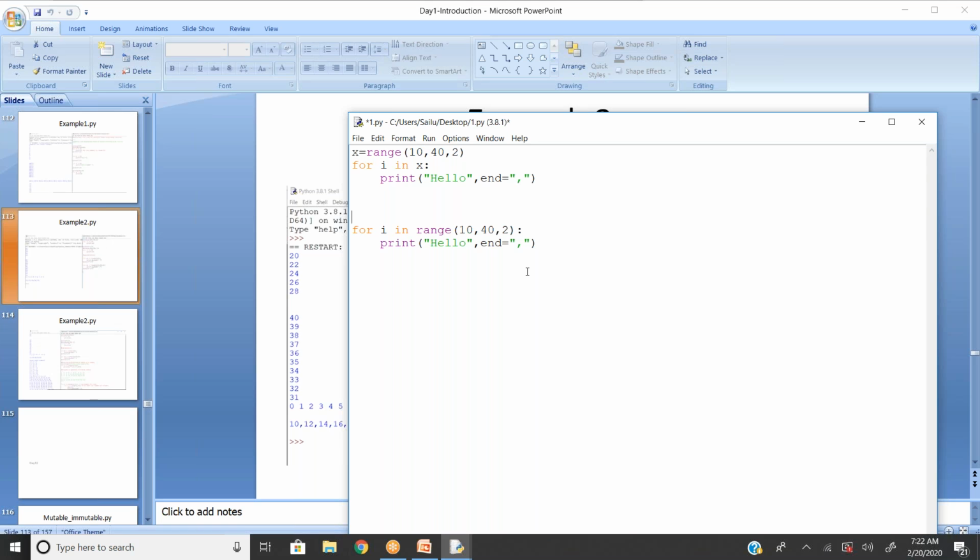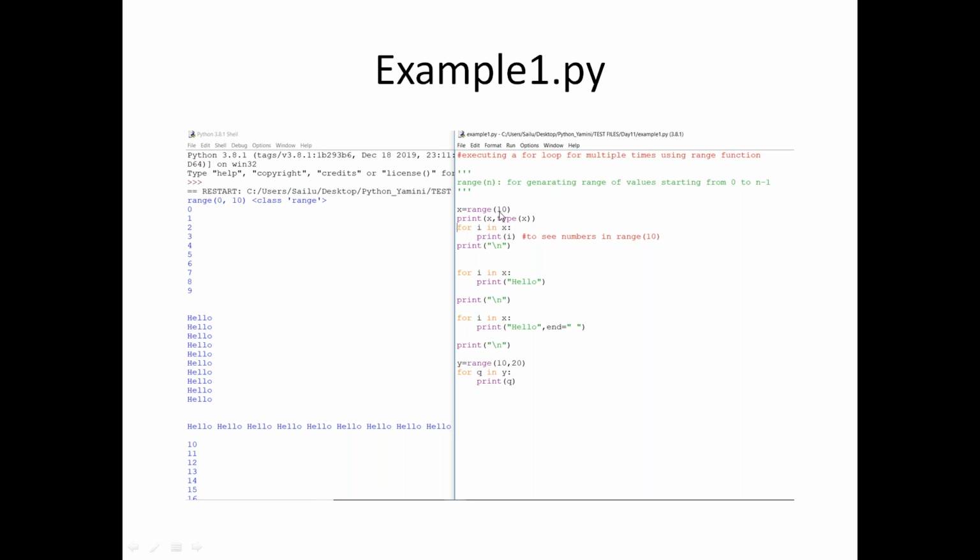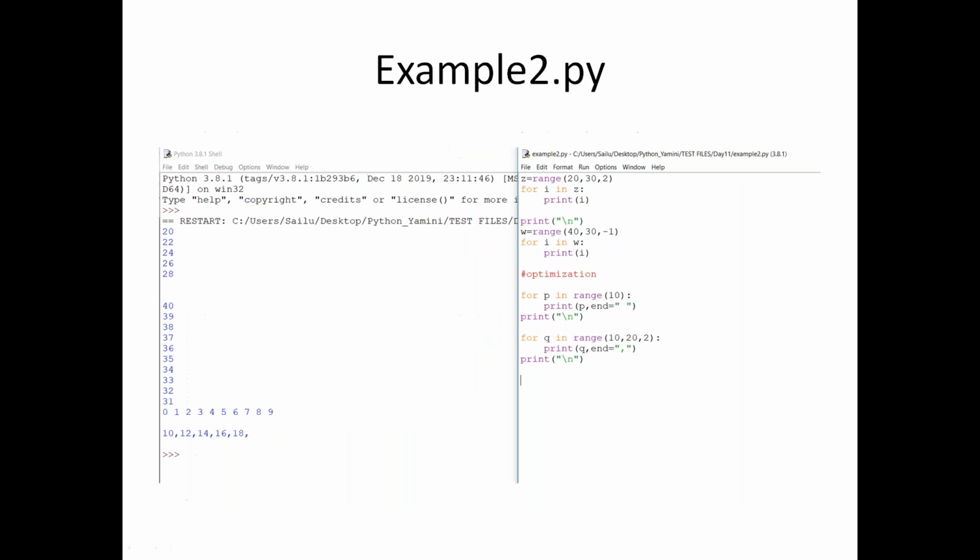So wherever it's possible, try to reduce the code. We'll discuss this in future also, but since we are in control statements, I'm explaining at the control statements level. You can see the same thing here. In the previous step, I assigned the values to one variable, then I referred to it in my for loop. But in this current scenario, I did not have any x variable at all.